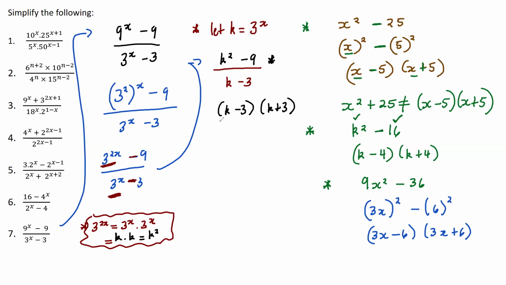All of this over k minus 3. And I think that this can now cancel off with that. Eventually, I'll have it as k plus 3. But what is k? It is 3 to the power x plus 3. So when you have simplified, your answer becomes 3 to the power x plus 3.